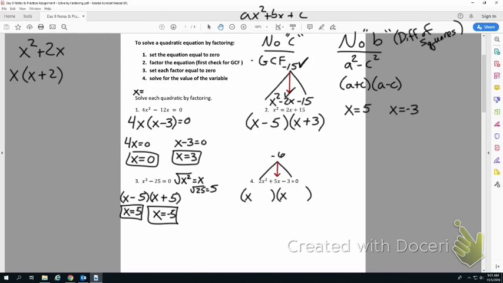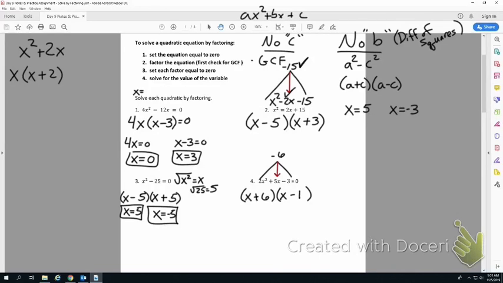You got one of them right. It's what, Julia? Positive 6 and negative 1. There is no combination of 3 and 2 that's going to give you both. Positive 3 plus 2 is 5, but 3 times 2 is positive 6, not negative 6. Okay? Negative 3 times 2 is negative 6, but negative 3 plus 2 is negative 1. So you've got to be very careful.